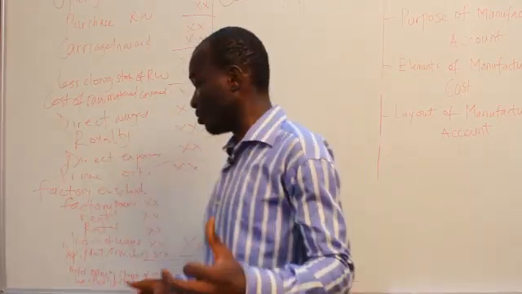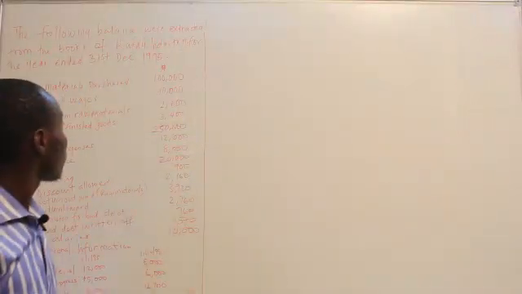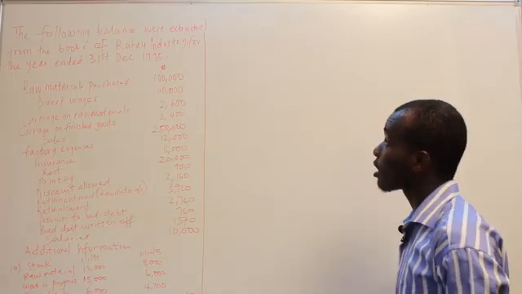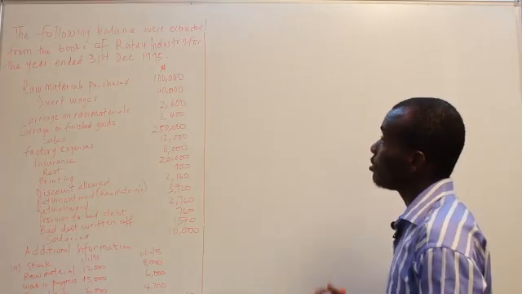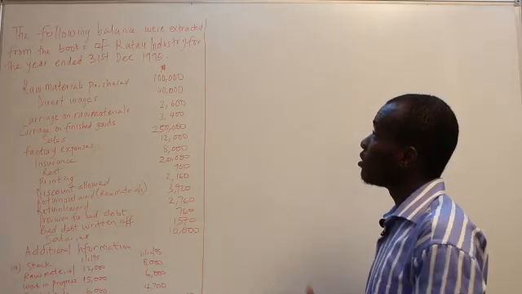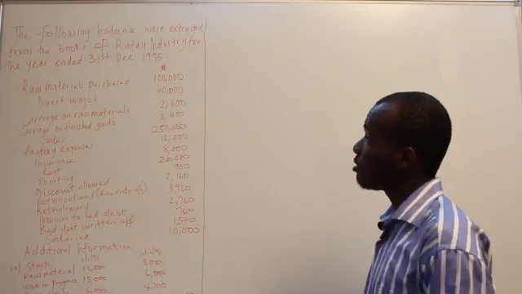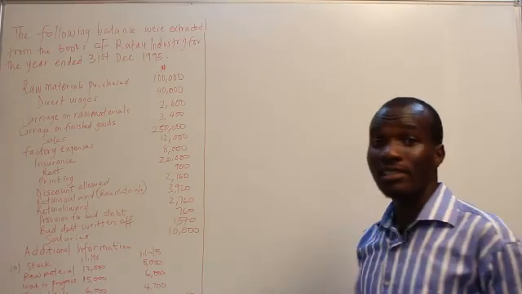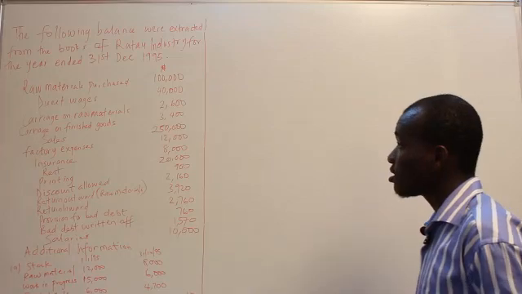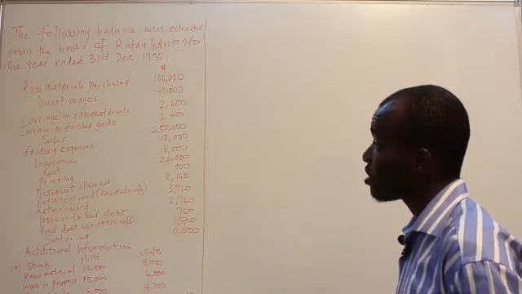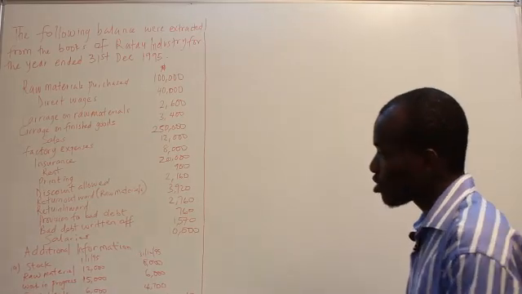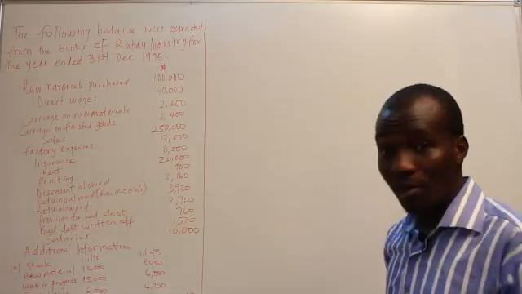Let's take an illustration on manufacturing, trading, profit and loss account. The following balances were extracted from the books of Ratao Industry for the year ended 31st December 1995. We have the raw materials purchased, direct wages, carriage on raw materials, carriage on finished goods, salaries, and additional information.